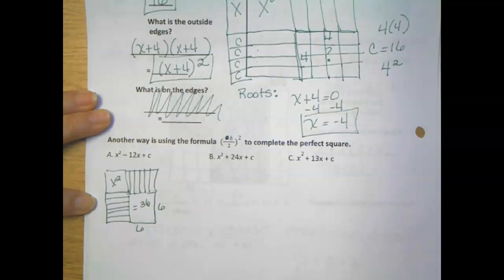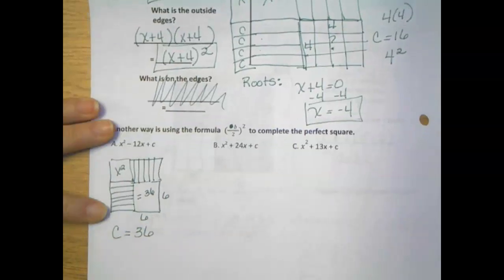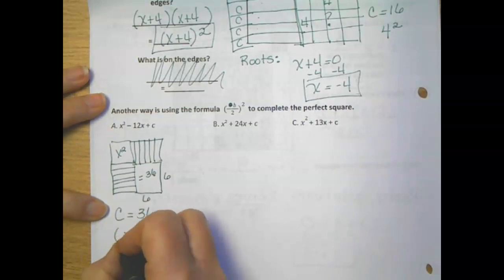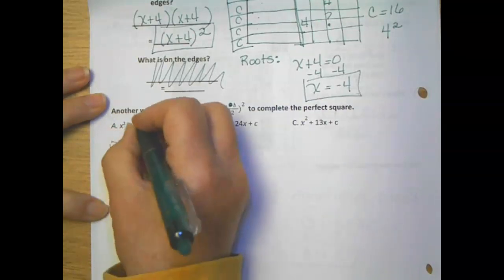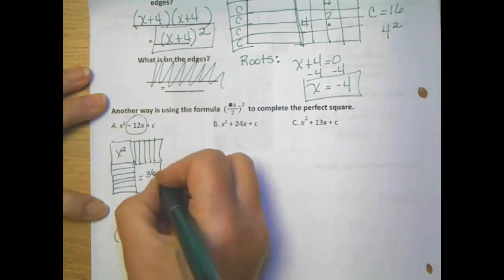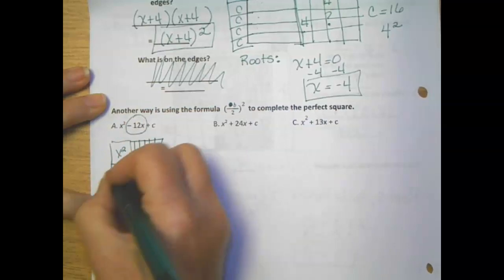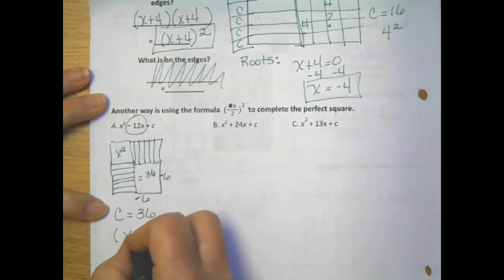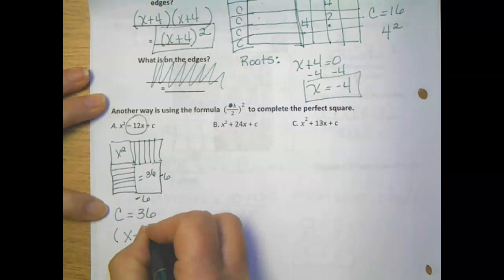So my C is equal to 36. My factors would be x... I should have said this before. I forgot about that negative. So this is going to be negative 6's. All of those would be negatives. So negative times negative will give us a positive, but this would be negative 6 squared.